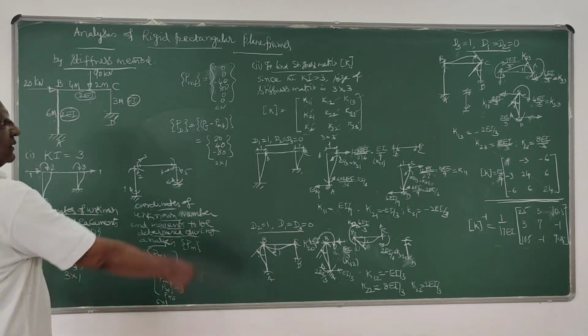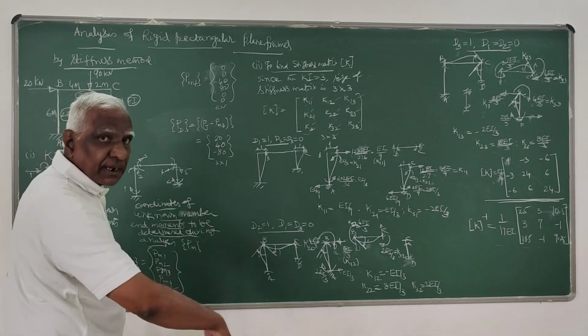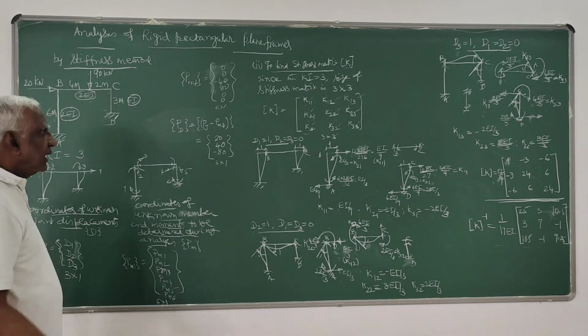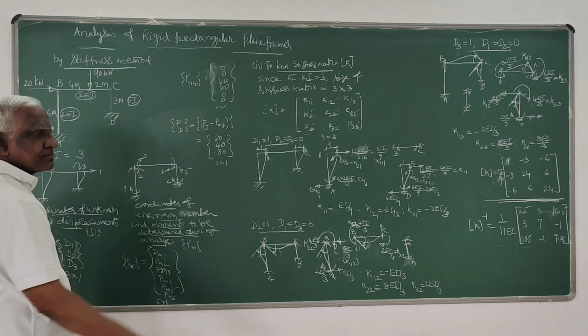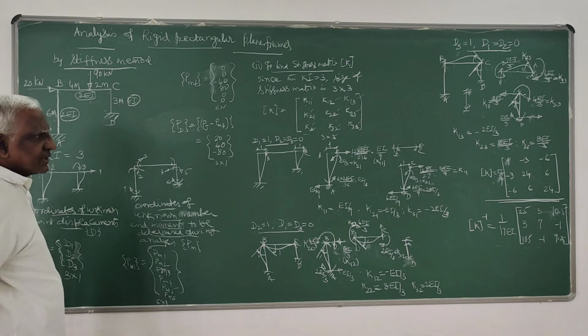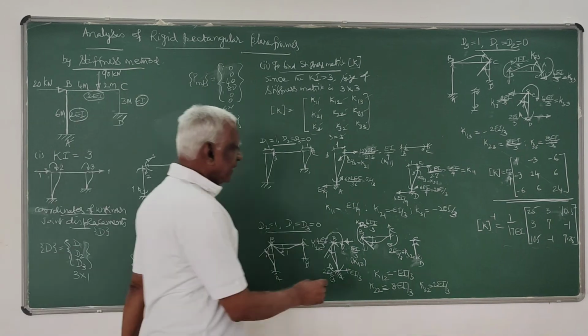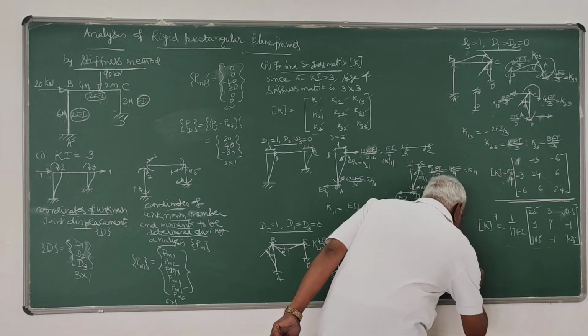This second step is the major calculation for the matrix stiffness method of analysis: how to generate the stiffness matrix. The moment you generate the stiffness matrix, you can find out the PMU matrix also.